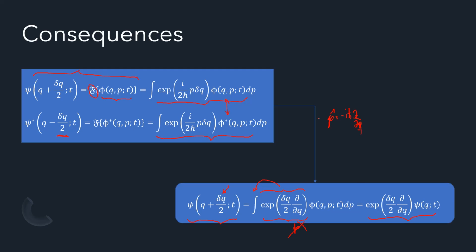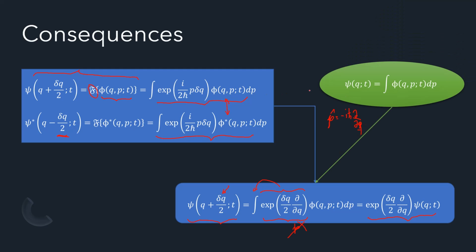And in fact, we can write this relation, because we can simply make delta Q equal to 0 here, and then we immediately have this relation, which justifies our use of the delta Q here.